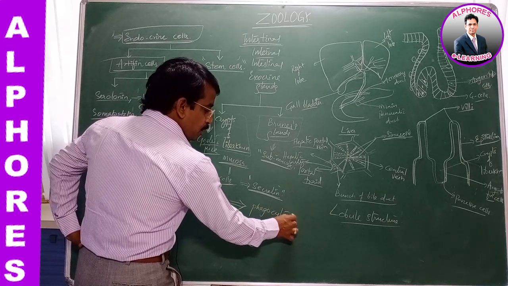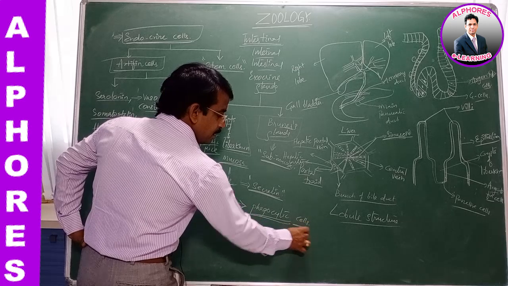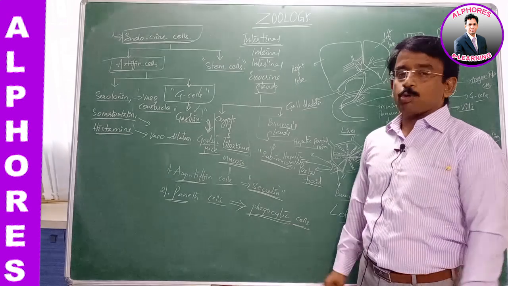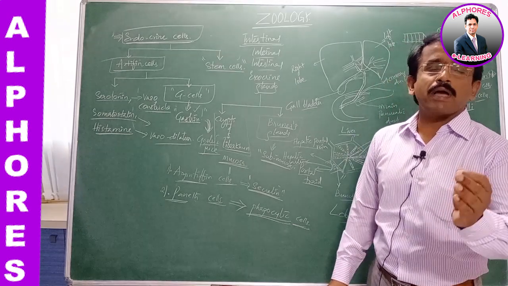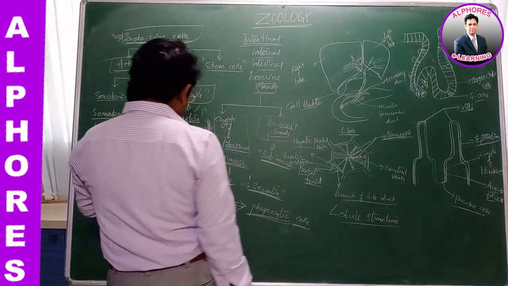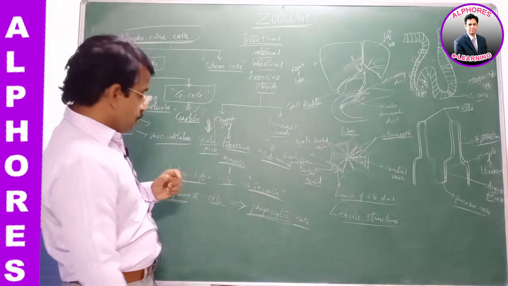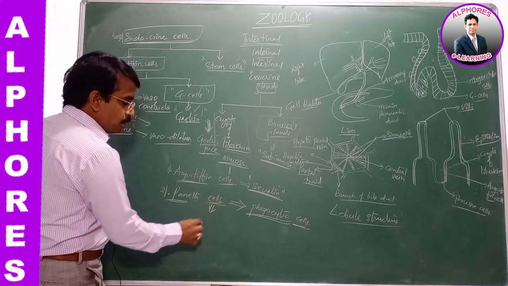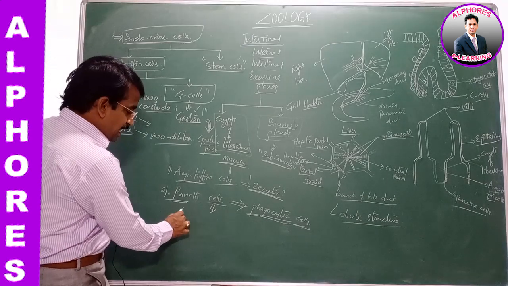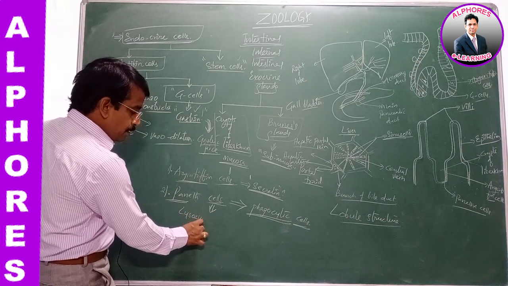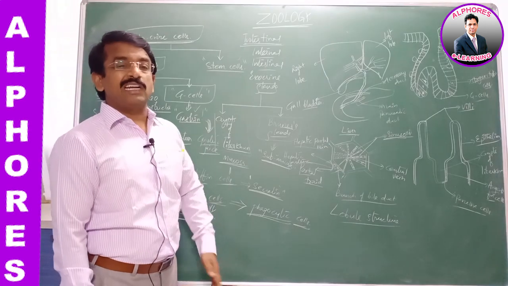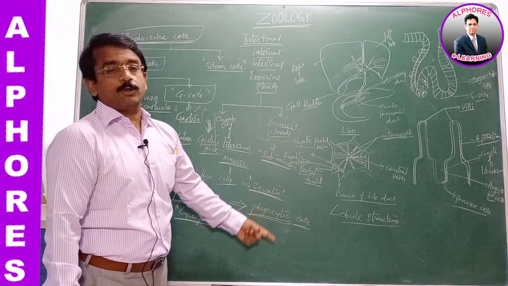What do you mean by phagocytic? In the sense, phagocytosis, killing bacteria. These are protective in nature. The Paneth cells release lysozyme, an enzyme which is antibacterial. It kills the bacteria. That's what phagocytosis is.